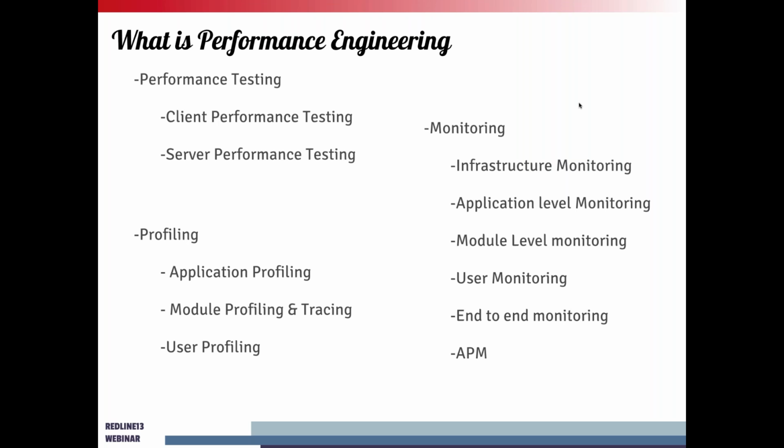Let's get started. Initially in our industry, when we start our performance activity, we start on a very reactive basis. We start with performance testing. But if you think about the performance of the application itself, it is a fully engineering process.